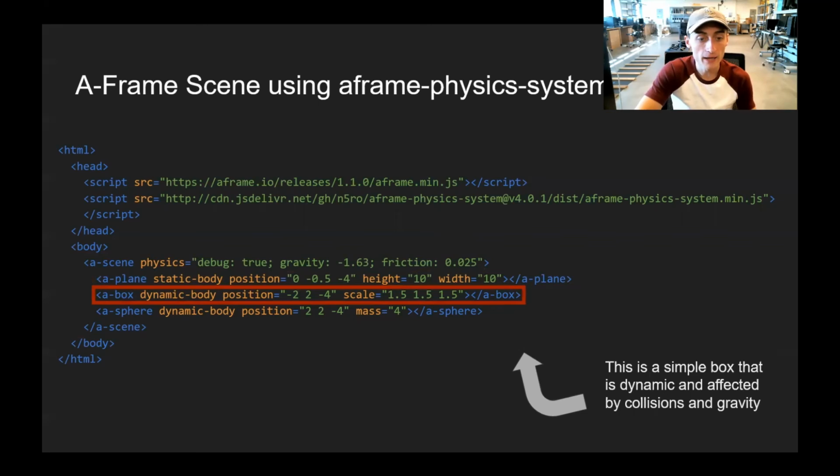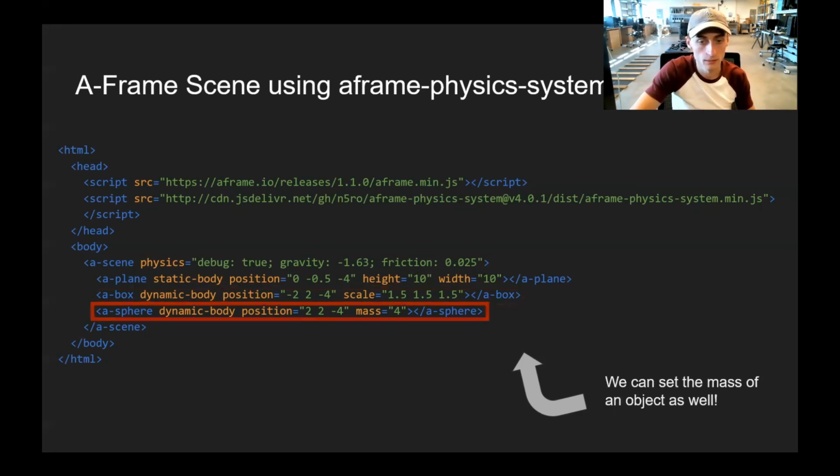Now, I added two dynamic bodies to the scene. I added an a-box, placed a little bit above the plane that I created, and it has the dynamic body. So when I start this scene, if I look fast enough, I'll see the box fall onto the plane.